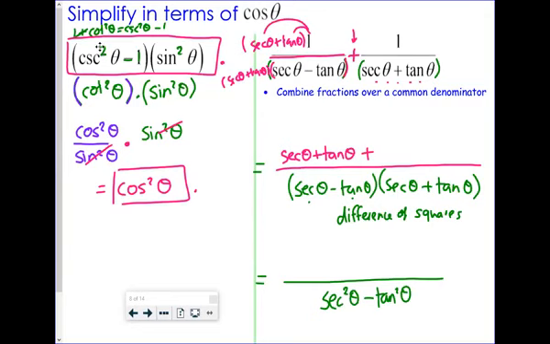And then this second fraction, to get that common denominator, this denominator here had to be multiplied by this denominator. And if we multiply the denominator by the secant of theta minus the tangent of theta, you have to multiply the numerator by the same thing. Otherwise, we've changed it. The only thing you can multiply by is a carefully chosen form of 1. And that's what we've done here. These two blue factors make a 1, carefully chosen form of 1.